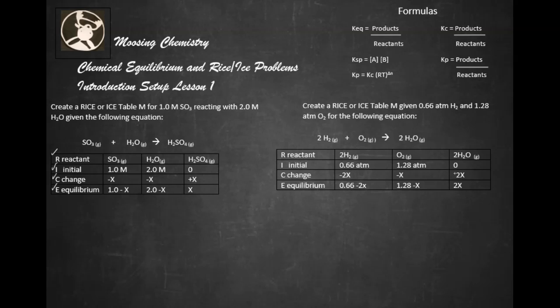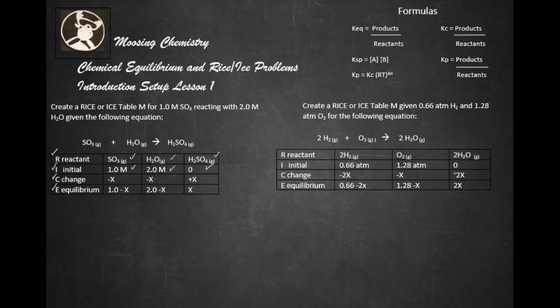So SO3 would be the initial reactant, H2O is the initial reactant, and H2SO4 is our product. Okay, the initial concentration of SO3 is 1.0, the initial concentration of H2O is 2.0, and since nothing's been made yet until the reaction takes place, the initial concentration would be 0.